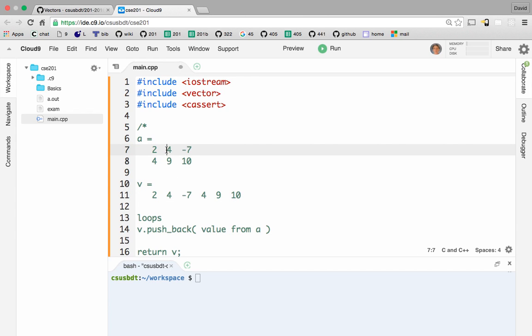Then you go to column 1 and push that onto V, and then column 2, the third column, push that onto V. When you finish pushing all the values from this first row, you go to the next row and do the same thing. Keep pushing the values one after another as you increment the column index.